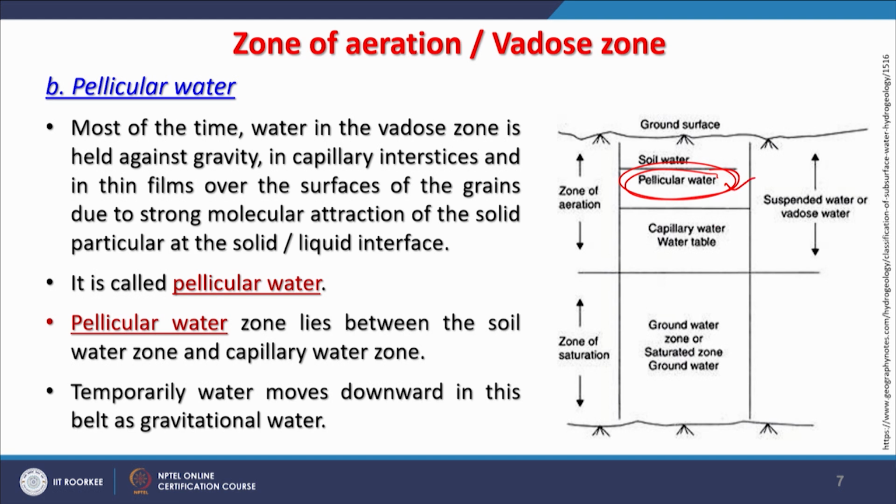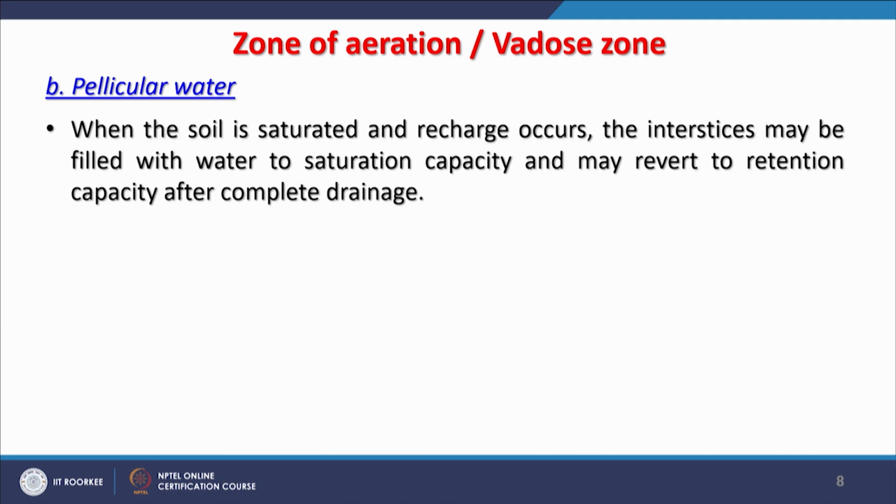I have already marked the pellicular here, and then temporarily water moves downward in this belt as gravitational water. So, water may go like this, or because of capillary action, sometimes in special conditions, water may go up also. This is a very important section of the subsurface zone.